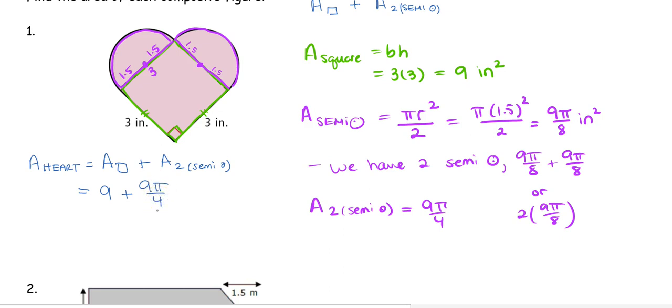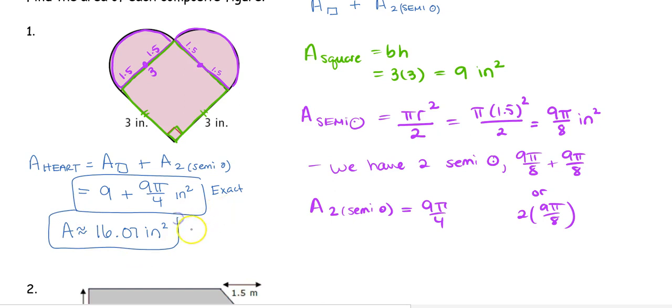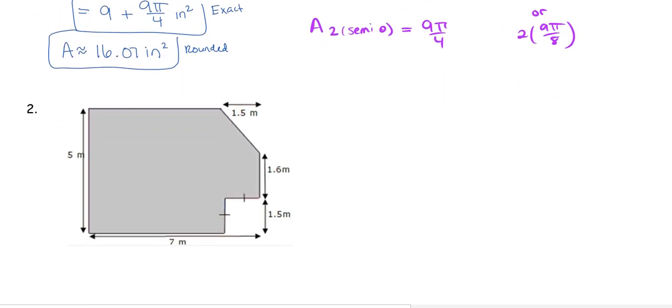So if I'm asking you for an exact answer, this is the answer that I'm looking for. If I'm asking you to round it, I'm asking you to take that piece, plug it into your calculator, and round and get a decimal answer. You want to pay attention to the directions, because sometimes I will ask for exact and sometimes I will ask for rounded.